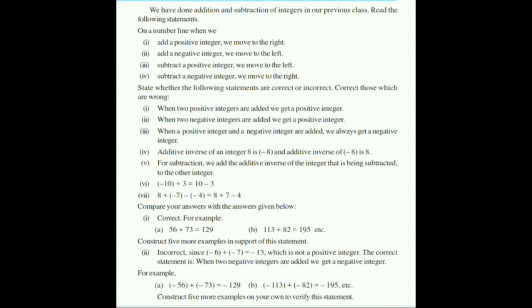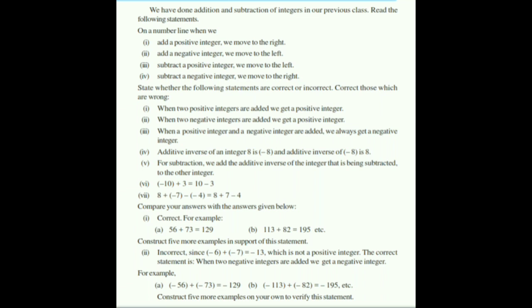Now, as you all know, to add negative integers, we have to move towards the left side. So, moving 5 digits from -7, we will get -12. So -7 plus -5, answer is -12. So that is why the statement is false.